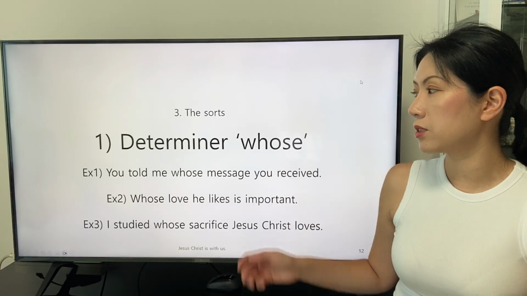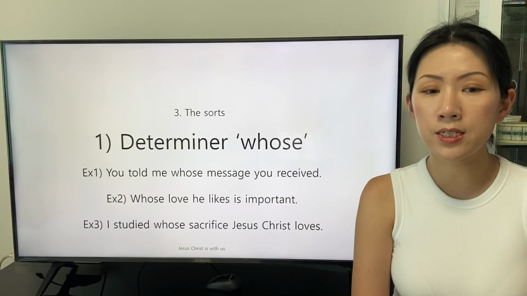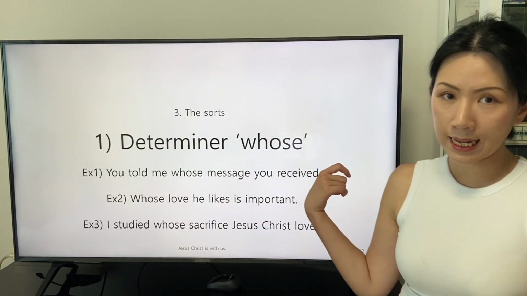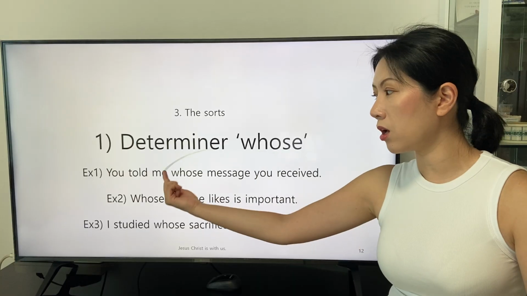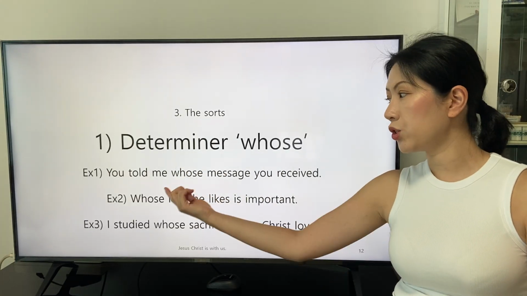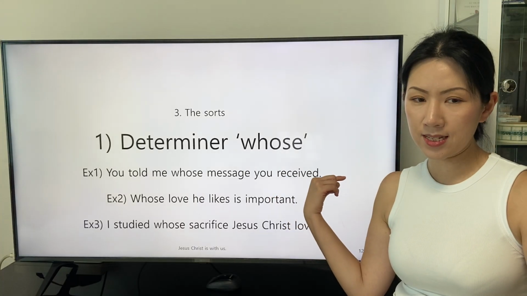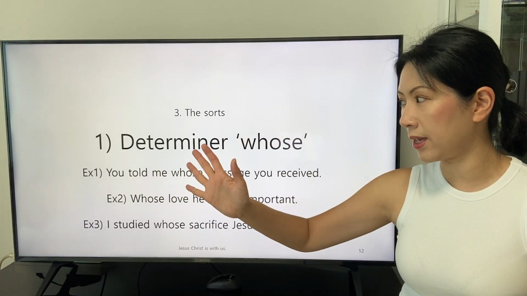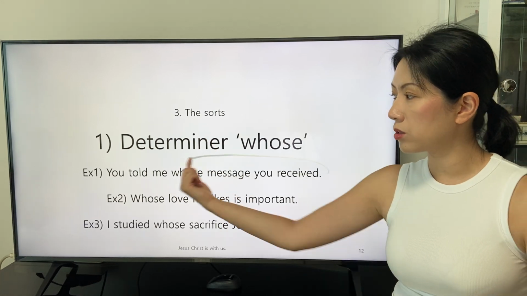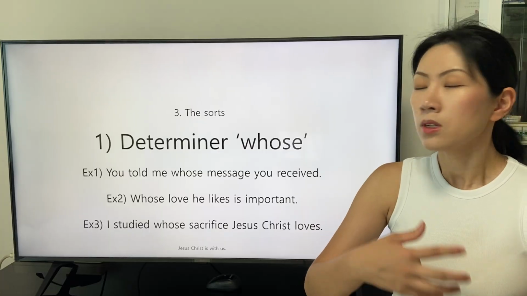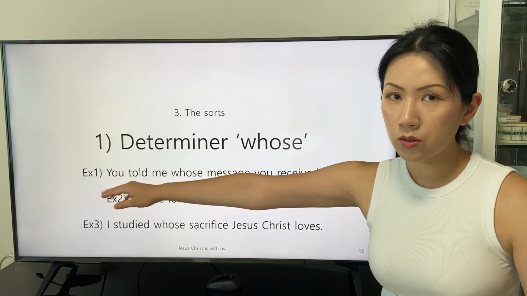The first one is this: you told me whose message you received. In this sentence, we can find that the subordinate clause is this: whose message you received. And this whole subordinate clause is applied as the direct object of the main clause.